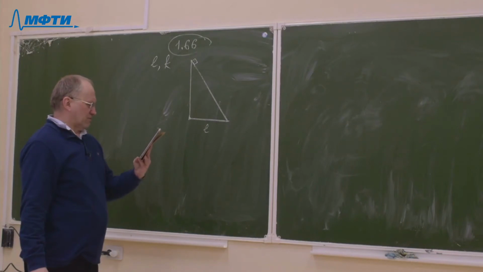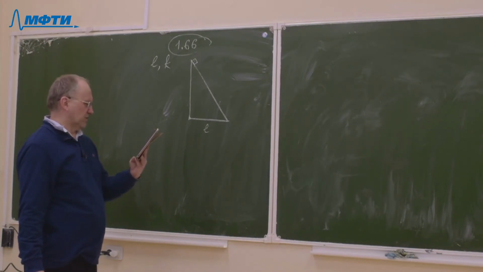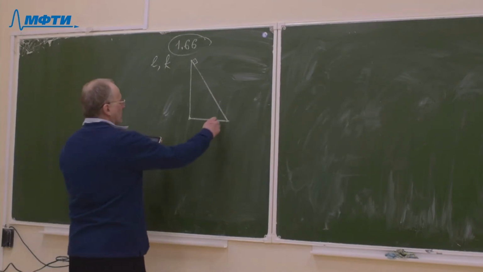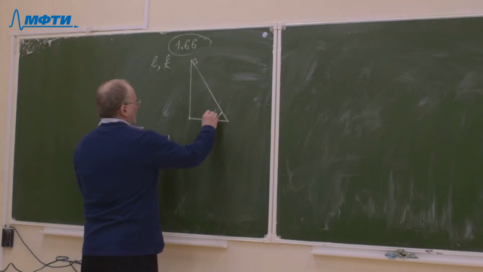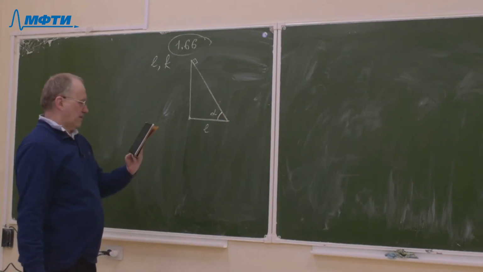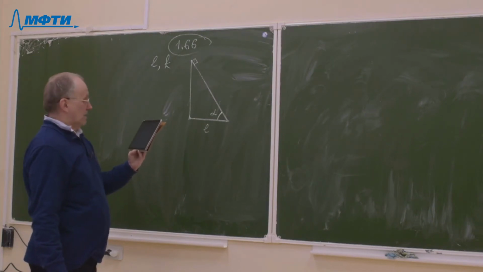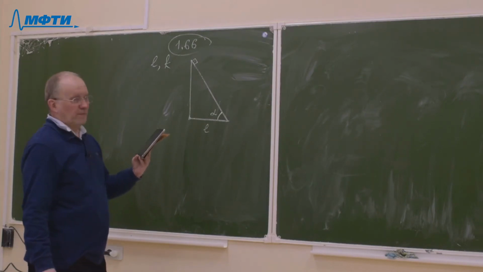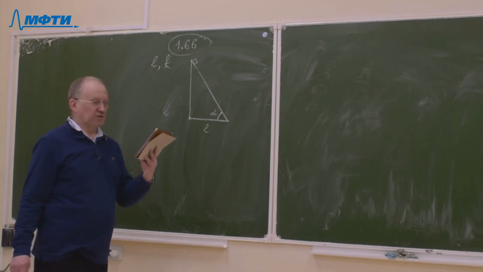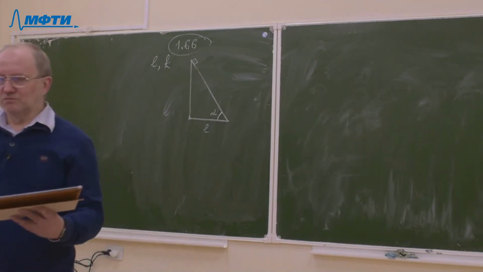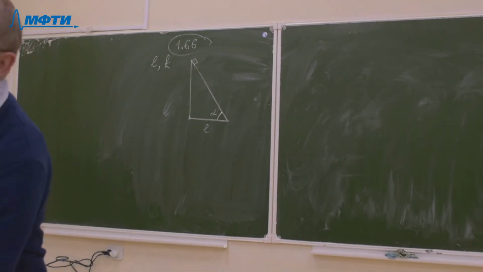And the problem has this question: at what value of the angle alpha will the time of sliding be the least? What will it be equal to? What will be the least possible time of sliding?